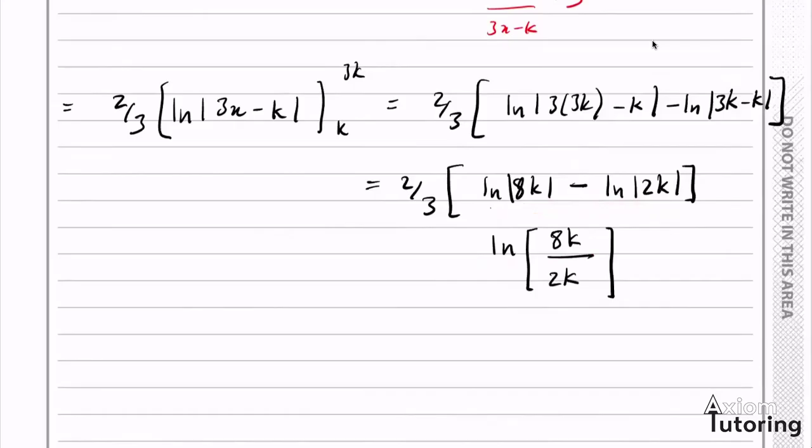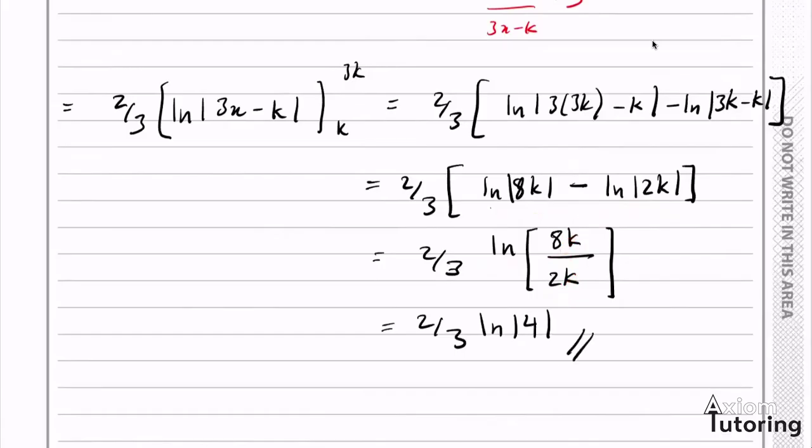Right, so now that's correct. And the 2/3 remains in front there. And so that simplifies to 2 over 3 ln of 8k over 2k. Well, that's just, the k's cancel. So we have 8 over 2, so it's just 4.